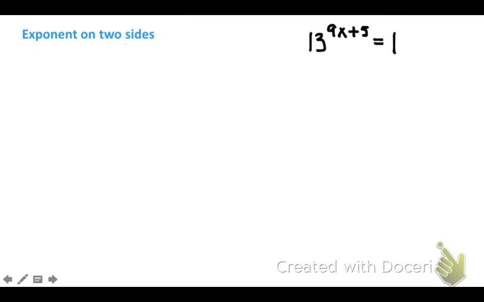Now, exponents on two sides, but before we actually do that, let's look at a simpler problem. We're trying to get 13 raised to the power of 9x plus 5 equal to 1, and we know that anything raised to the 0 power would be equal to 1. So we need to make 9x plus 5 equal to 0.